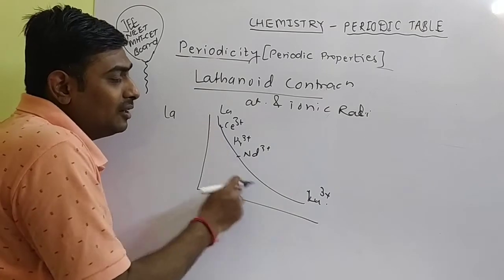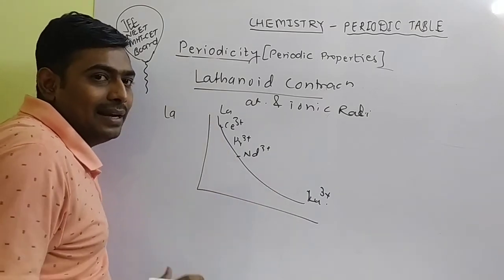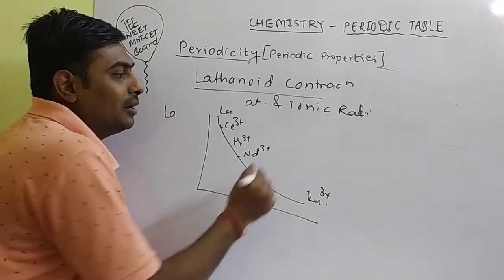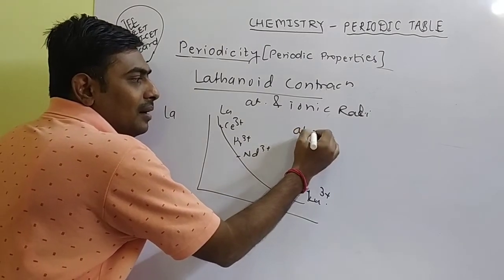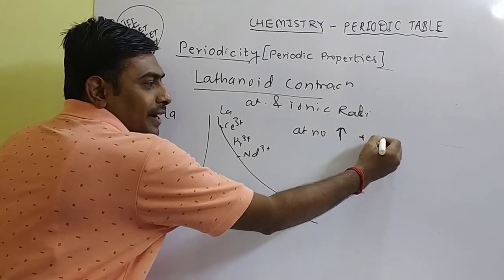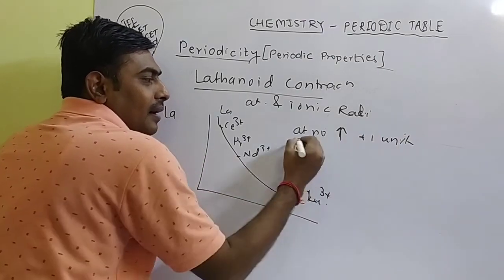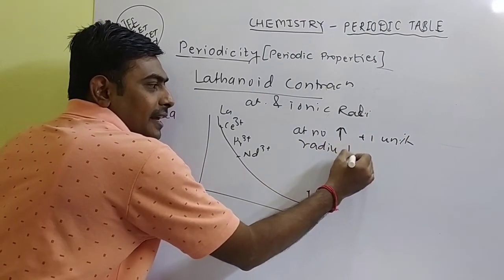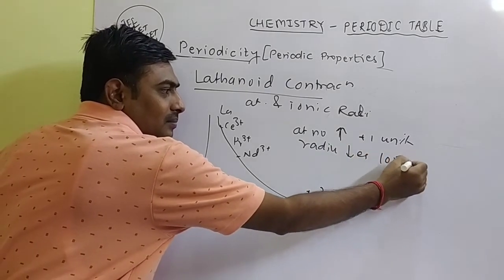When you move to the next atomic number, the size decreases by 10 picometers. Atomic number increases by plus 1 unit, and radius decreases by 10 picometers.